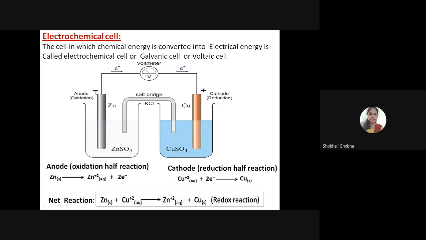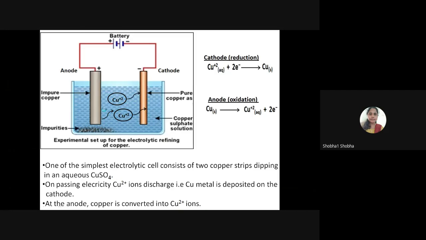If you forget, it's okay, but this is completely the reverse of your electrolytic cell. Whereas in the electrolytic cell we kept the anode as the positive terminal and the cathode as the negative terminal, because in an electrolytic cell a battery, an external source, is supplied to the cell, where the negative terminal is connected to the cathode, therefore the cathode is named the negative terminal.